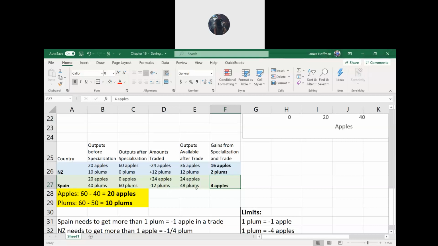So they gained 8 plums. Okay, so this here is the gains from specialization and trade for both countries for both goods.